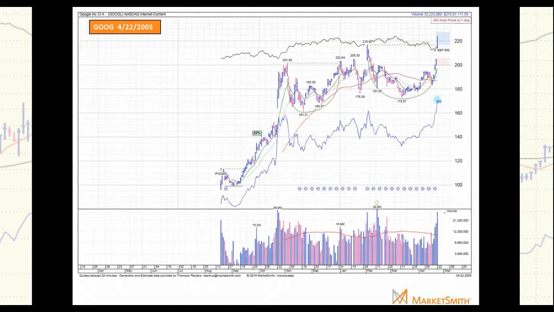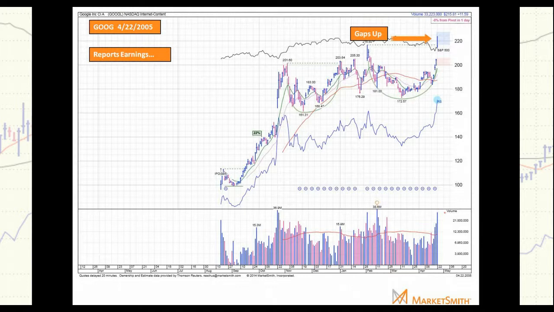Now, the reason why I got really interested in price gaps was back in 2005 with Google. I was like most of you on this webinar. I was trading on my own, and I was a subscriber to our old Daily Graphs product. And here's Google. I was following this stock, and they report earnings, and the stock gaps up.